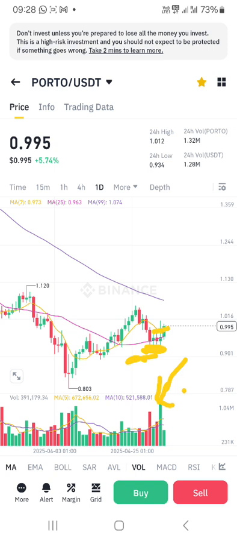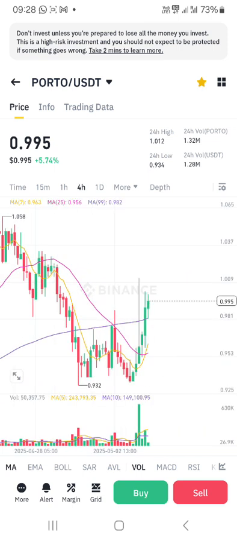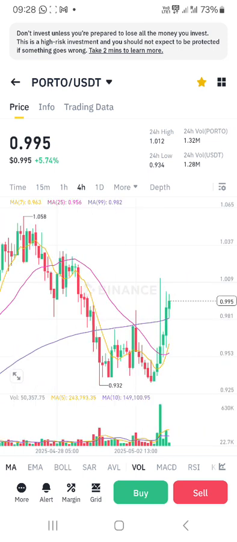If you go to the 4 hour time frame, you will see a 4 hour candle close above the previous day high, and that is our entry. That's our entry model, and that's when you buy.